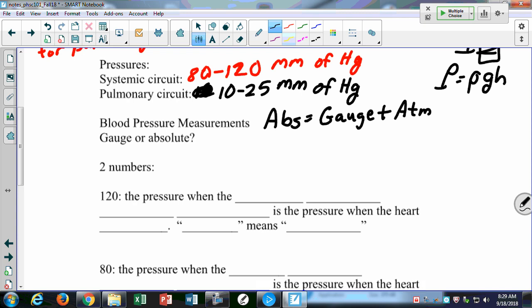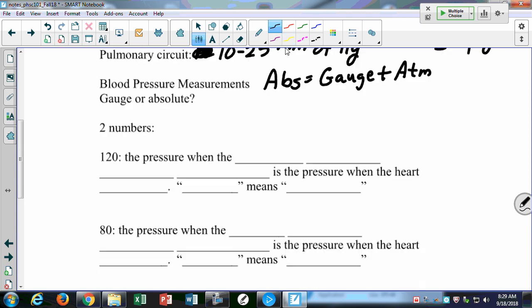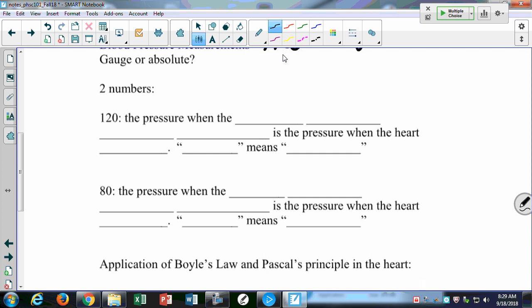And then we have two numbers when we measure our blood pressure. So this is what we get when they actually measure your blood pressure. If you have 120 over 80, the 120 number is the pressure when the heart contracts.